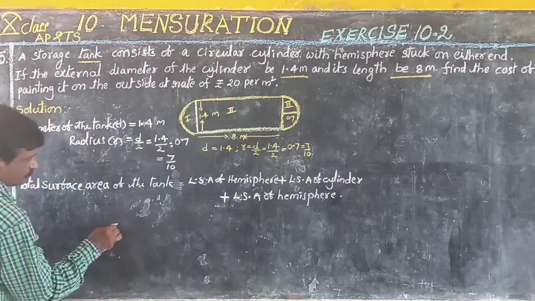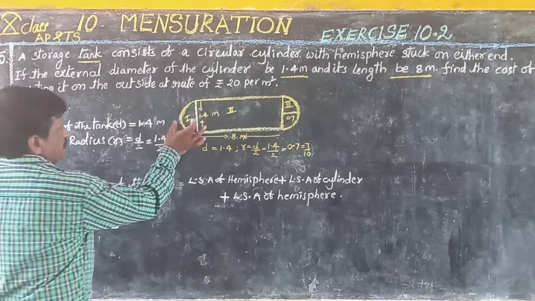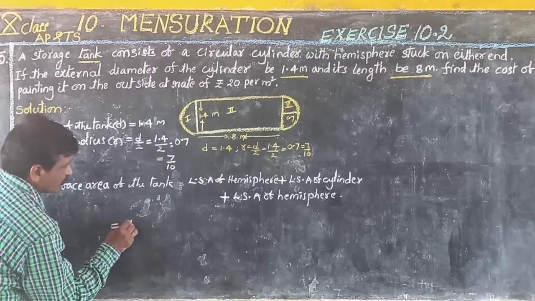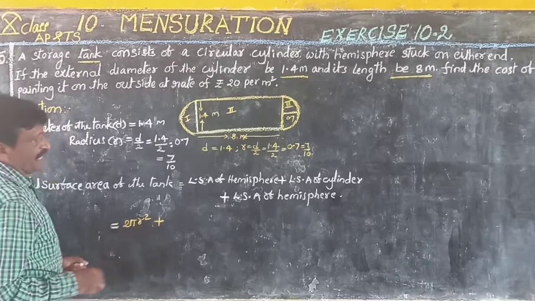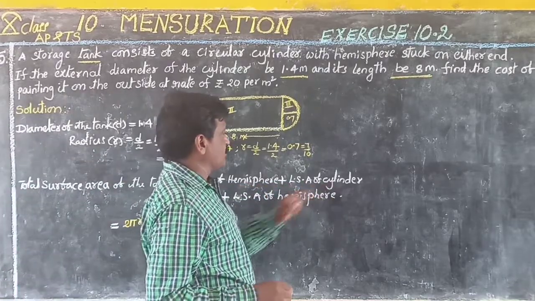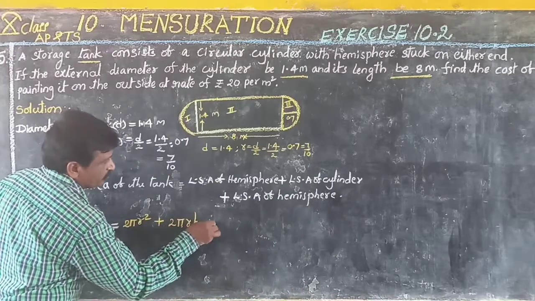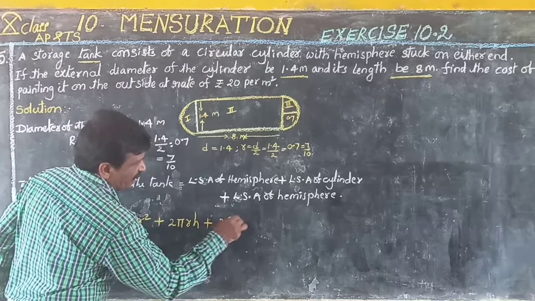So lateral surface area of the hemisphere part 1 is 2 pi r square, plus lateral surface area of the cylinder 2 pi r h, plus lateral surface area of the hemisphere 2 pi r square.